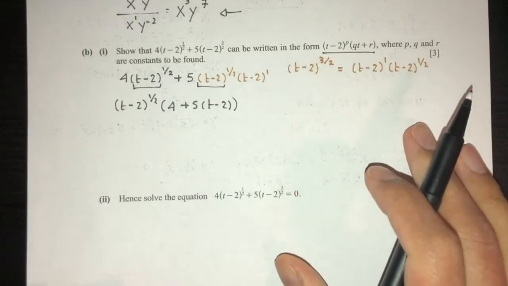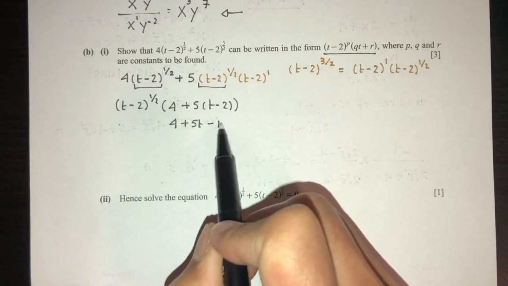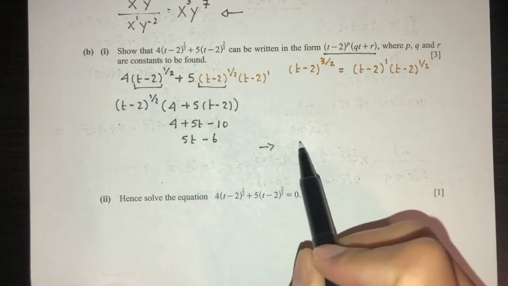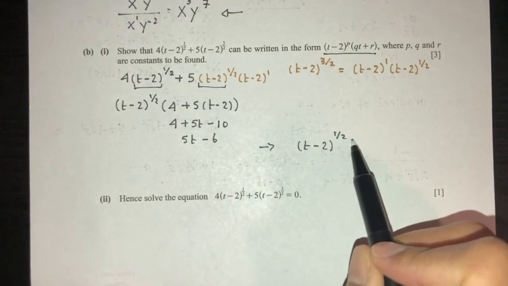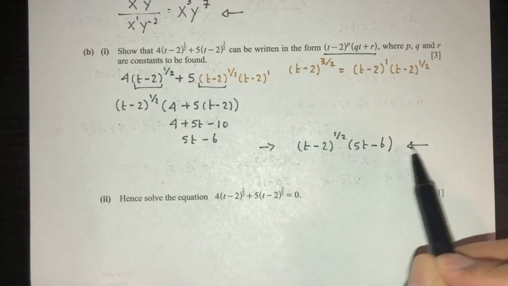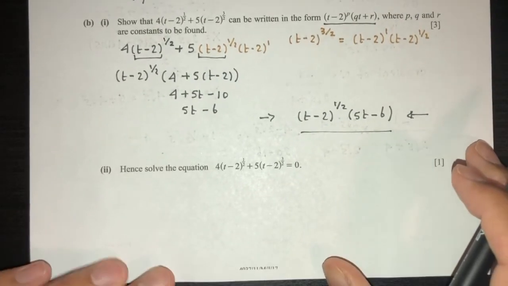Now simplified, you will have what here? 4 plus 5t minus 10, 5t minus 6. So you will have t minus 2 power half and 5t minus 6. This is your answer for part B1.